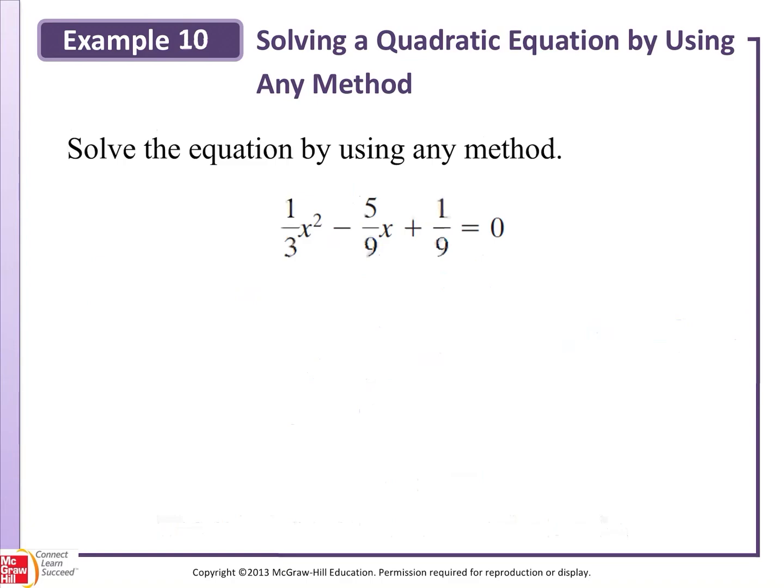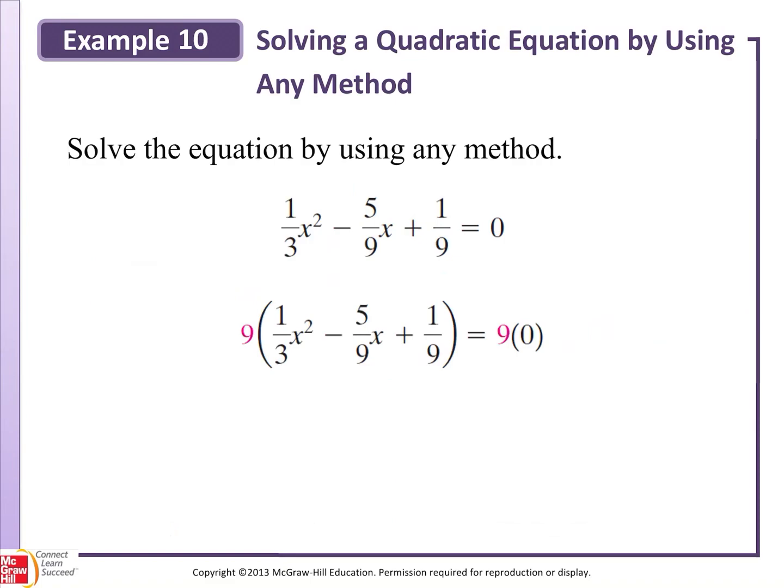Okay, solve this using any method. I would suggest you get rid of those denominators, so multiply everything through by 9. So pause the video, see what you can do. Okay, hopefully you're able to figure it out. Multiply through by 9, and that's going to clear all those denominators.